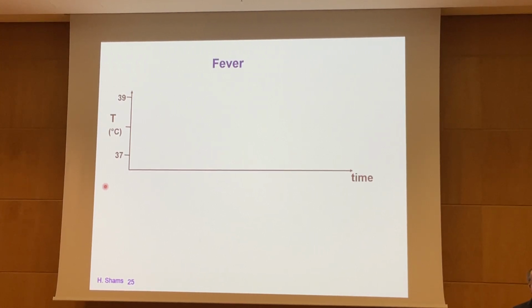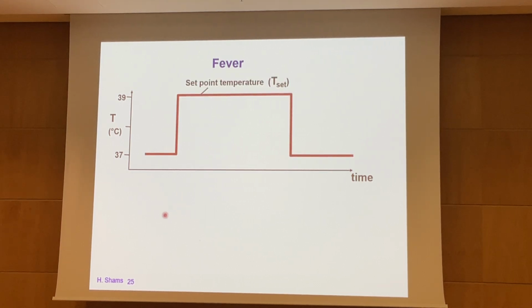Because you had an infection and you had toxins in the blood, and they go somewhere in the hypothalamus and raise the set point temperature. And now if the set point temperature is increased from 37, let's assume to 39, what should the body do? The body should warm up. Therefore, it tries to warm up, and slowly it warms up and reaches that temperature.